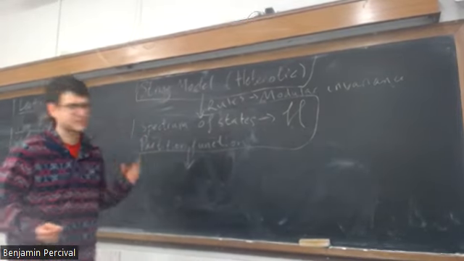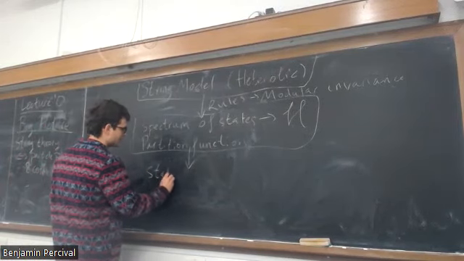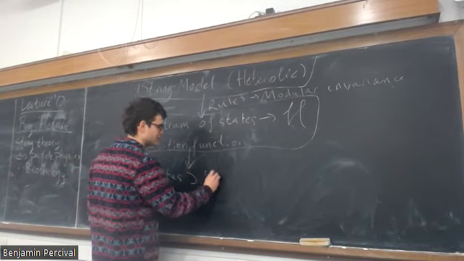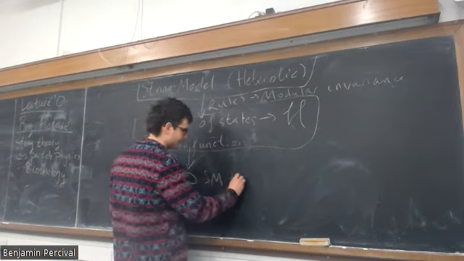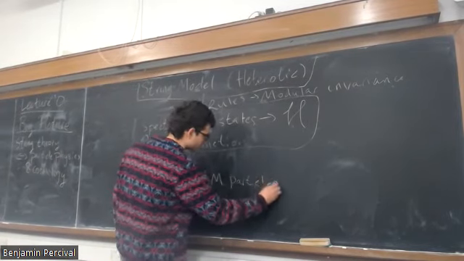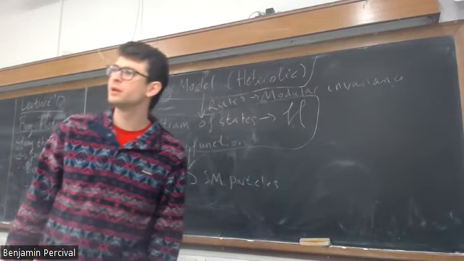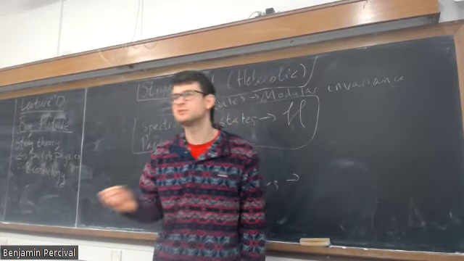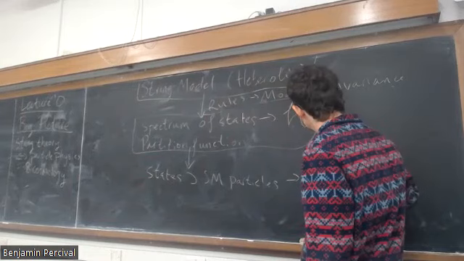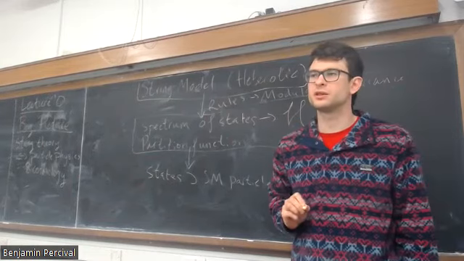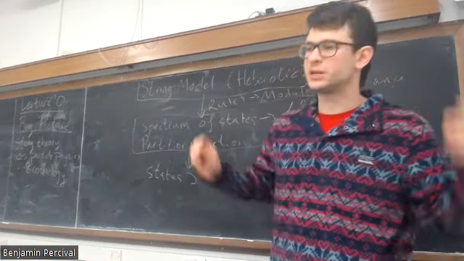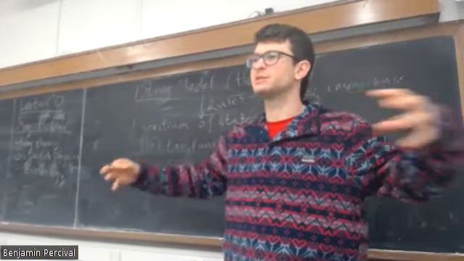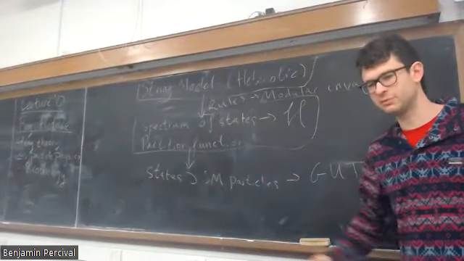So we want the states to include the standard model particles. This relates to the GUT, the grand unified theory. The standard model has a particular gauge group, and we're going to embed that gauge group into our model. We'll talk a bit more about that in a second.